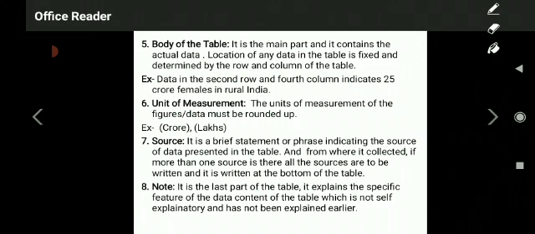The example is: data in the second row and fourth column indicates 25 crore females in rural India.